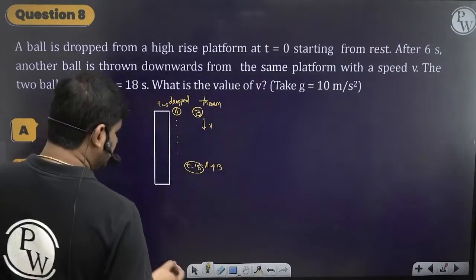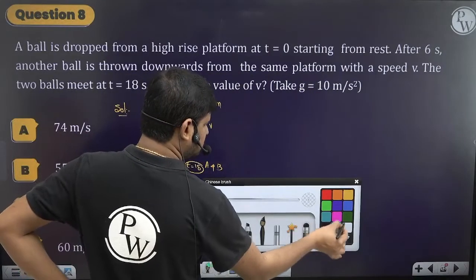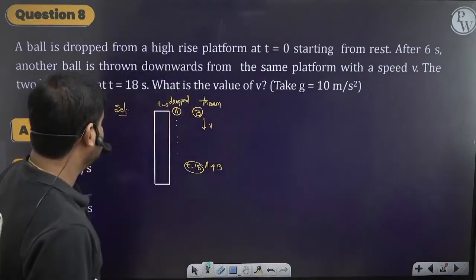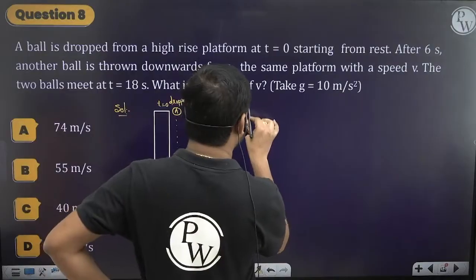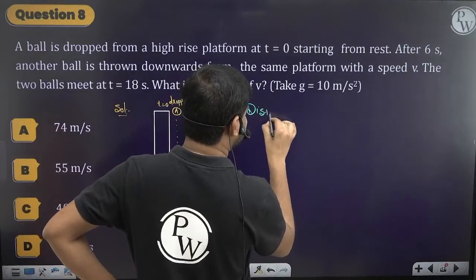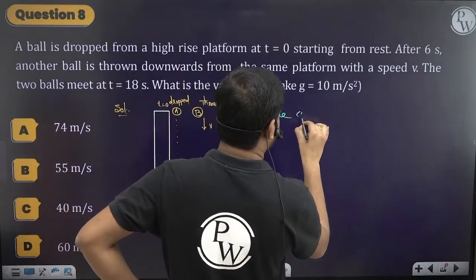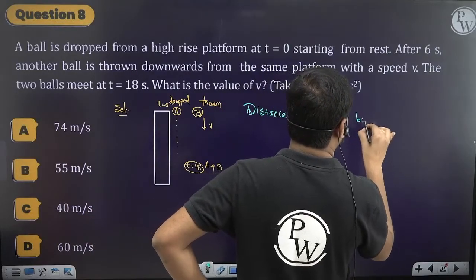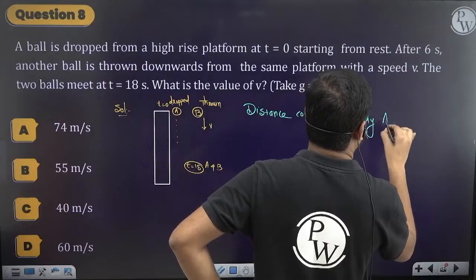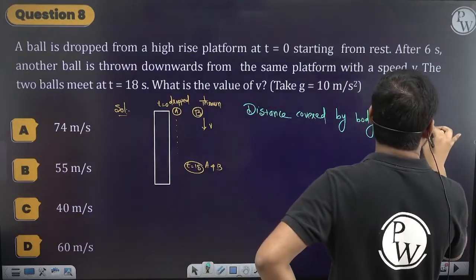Yes. So now first understand the concept. First body A is dropped. What is the distance covered by body A in 6 seconds?